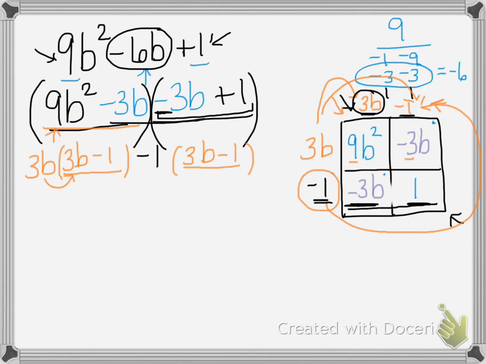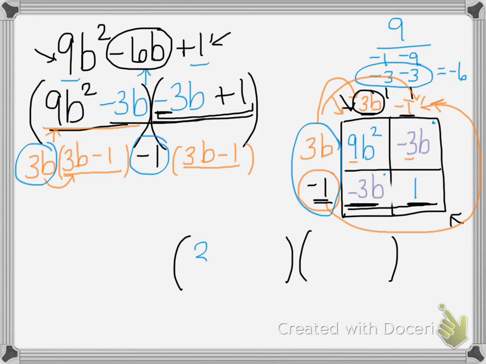The next thing we need to do is write it as a product of two binomials. So we have this right here, 3b minus 1, which we get from this and this. And then we have the second factor, which is the same thing, 3b minus 1.